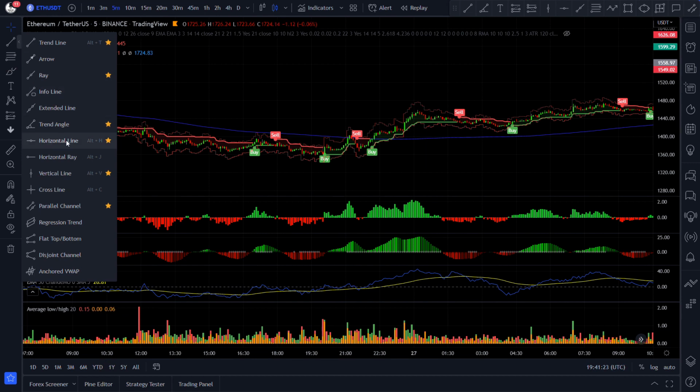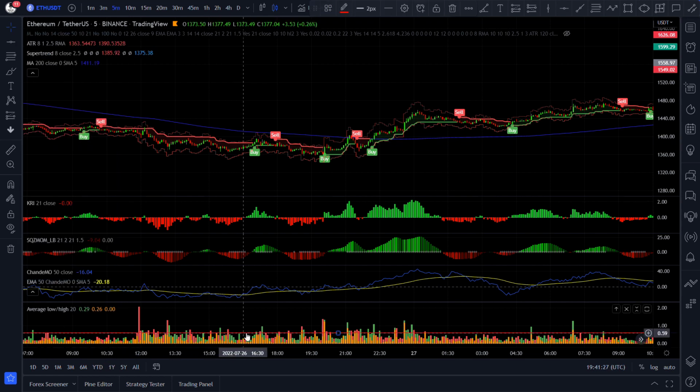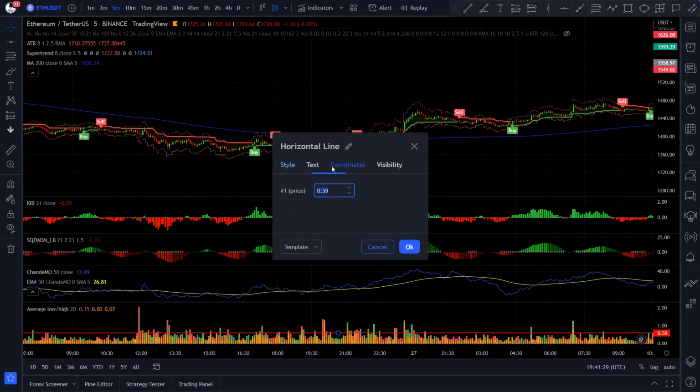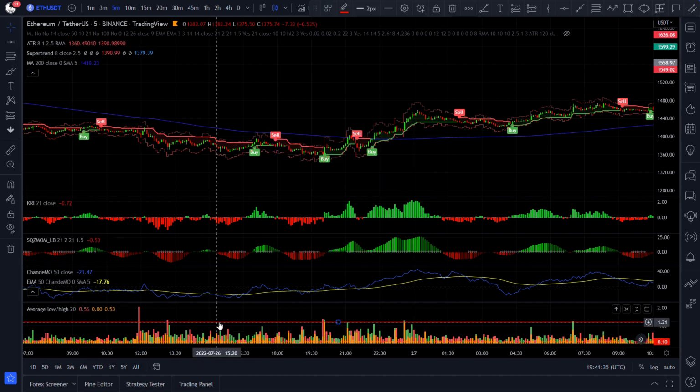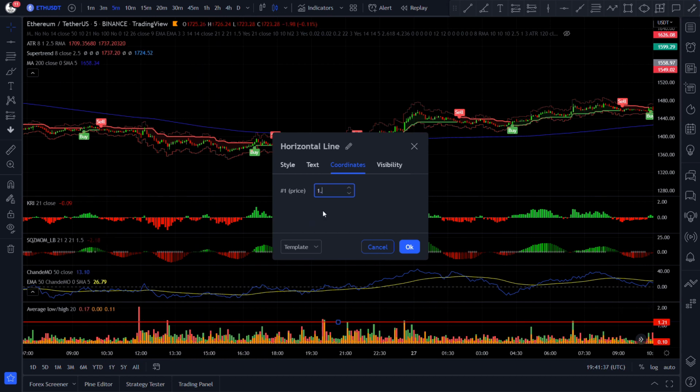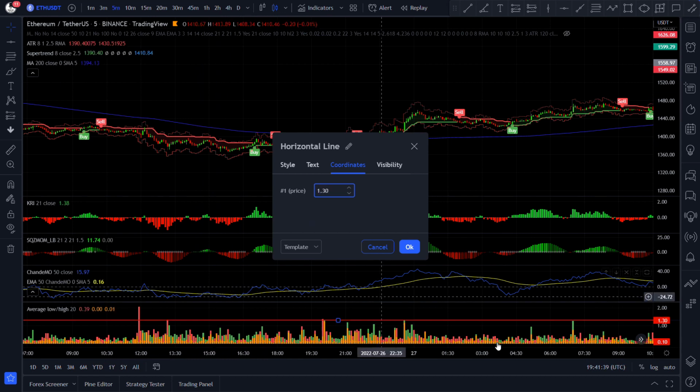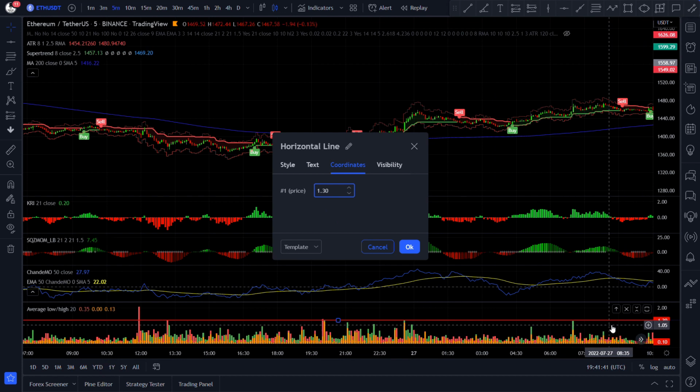The low limit level will be at 0.1, so find the horizontal line tool here and put it on the indicator and give it 0.1 value. The high limit will be at 1.3 level, so again click on the horizontal line and put it on the indicator, then give it a 1.3 value. I recommend you also change the colors of the lines to red. This way the lines will be more visible.